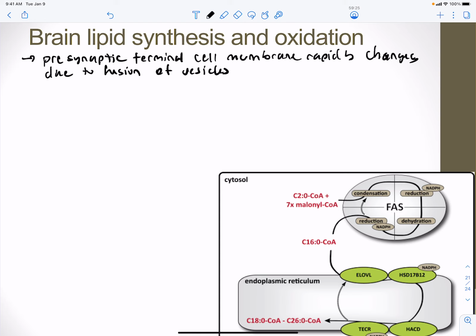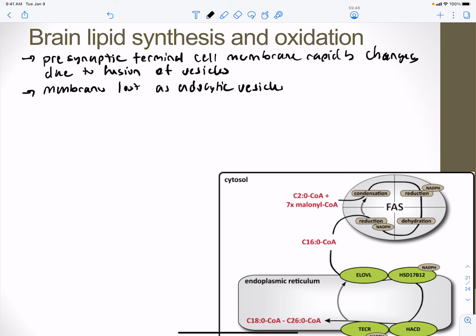So the membranes are going to be lost as endocytic vesicles. And on the postsynaptic terminal, the membrane contains receptors for the neurotransmitters and signaling components.